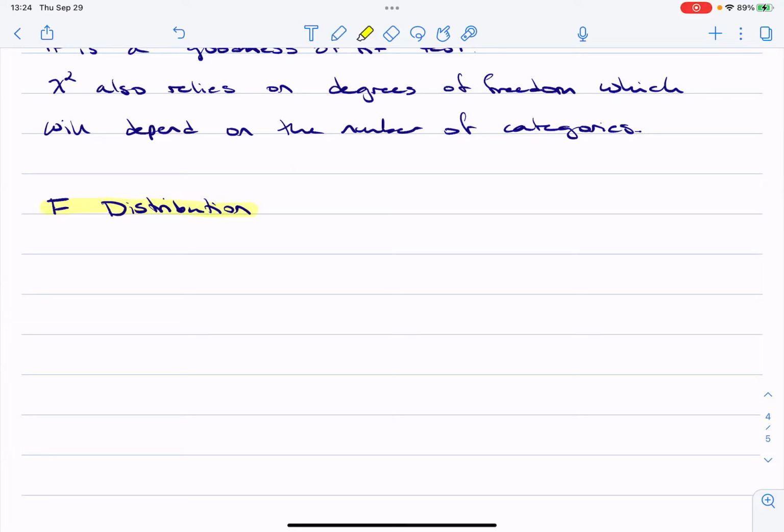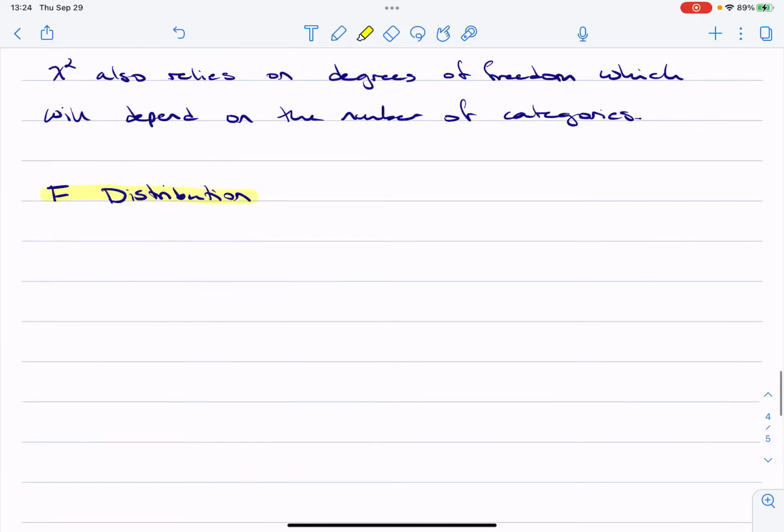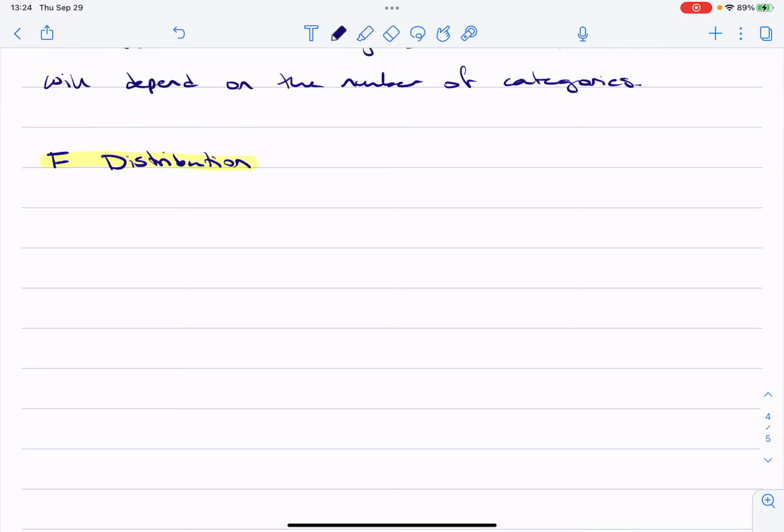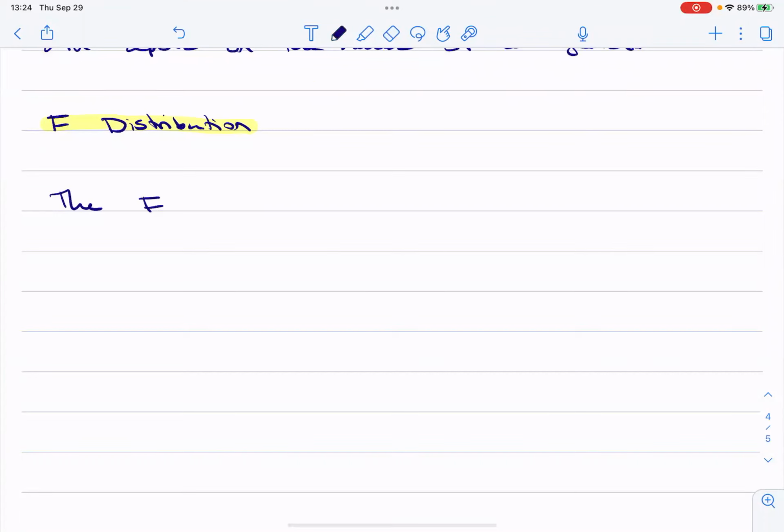But the F distribution is usually used for the ANOVA. It can be used in other scenarios, but most commonly it is used there. The F distribution, when do we use it? It compares numerical values across categories. So now I have these numerical measurements for each category, and I want to compare the means in each of those categories typically.